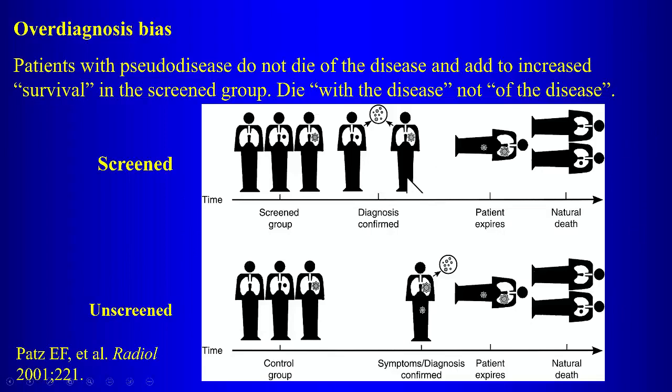The patient dies of something else because the lesion itself is so very slowly progressive that it really doesn't affect the life of that patient. So they don't die of the disease, they die with the disease.